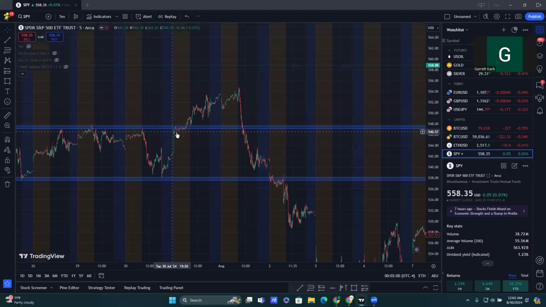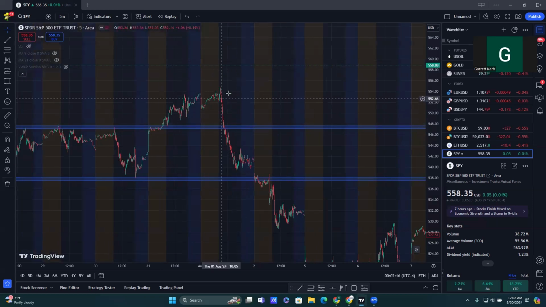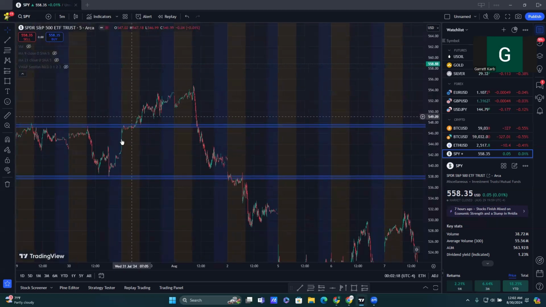And then after that, in the aftermarket, let's see, this was July 31st, right? There was actual consolidation at that level, which basically signaled that the price could break and could go higher. In that sense, it did.